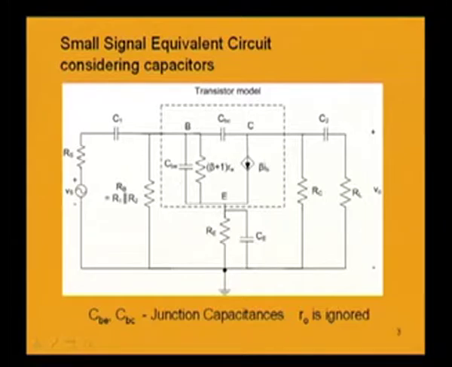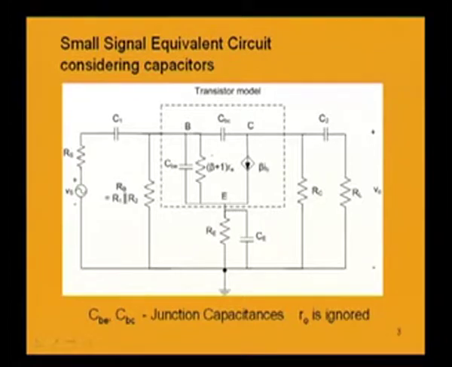These two capacitances come from the transistor model. When we were discussing diodes, we saw that a diode has a diffusion capacitance in the forward bias condition and a transition capacitance which is prevalent in the reverse bias condition.